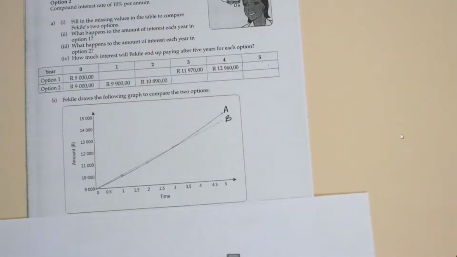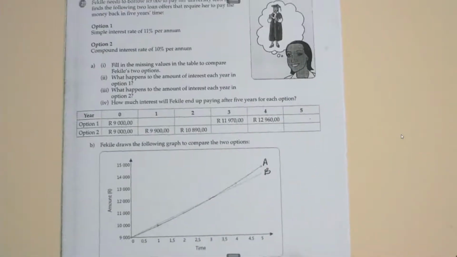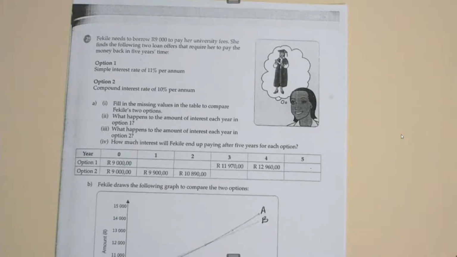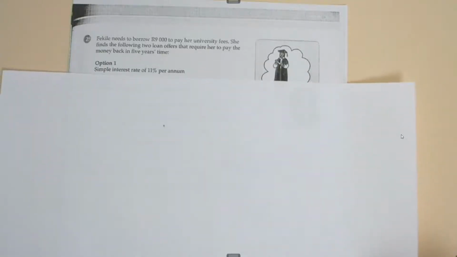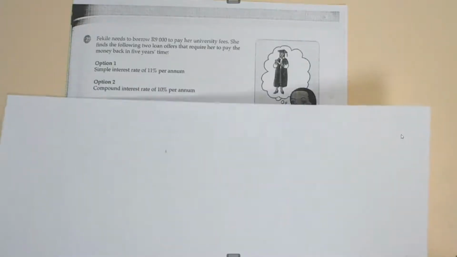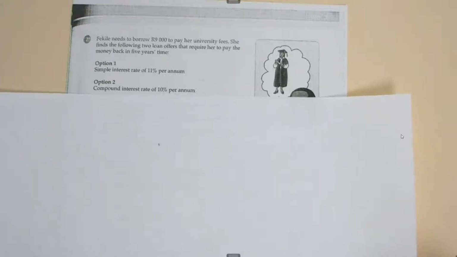So when we look here, we see that we have Fikile, who needs to borrow 9,000 to pay for her university fees. She finds the following two loan offers that require her to pay the money back in 5 years' time. It has option 1 and option 2. Option 1 is on a simple interest rate of 11% per annum. And then we have option 2, which is a compound interest rate of 10% per annum.